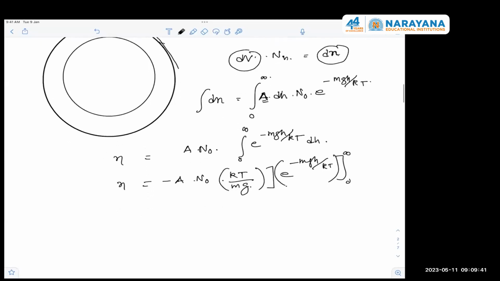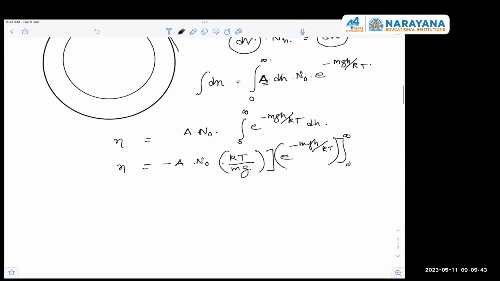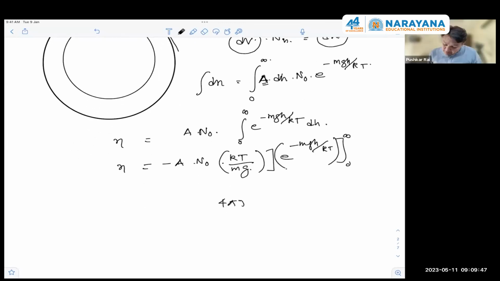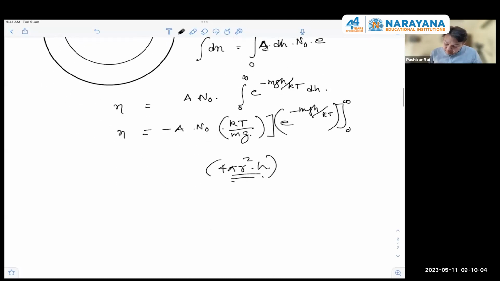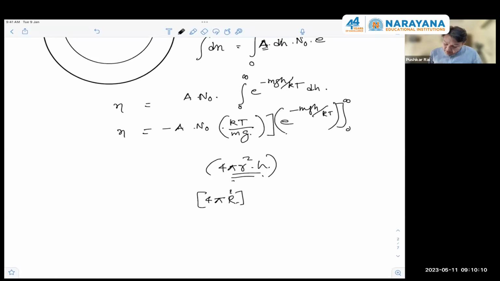It would be 4 pi r square, with h added to r. Okay, then we'll do one thing. This r is going to be a very, very big number. We'll have to take this assumption.